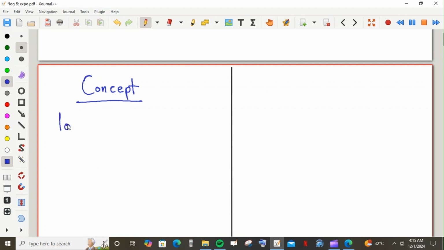Now, when you talk about logarithm, it is simply a function that can be written in the exponential form. Okay, a function that can be written in the exponential form. All right.